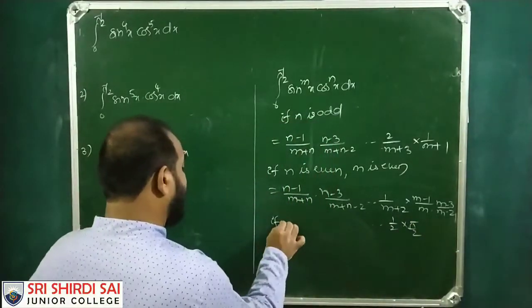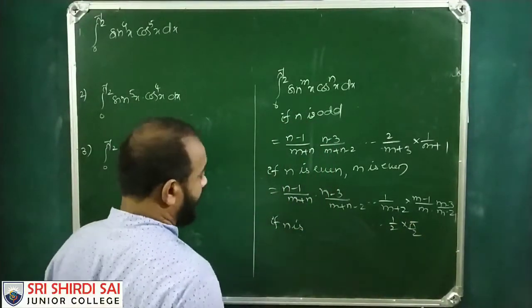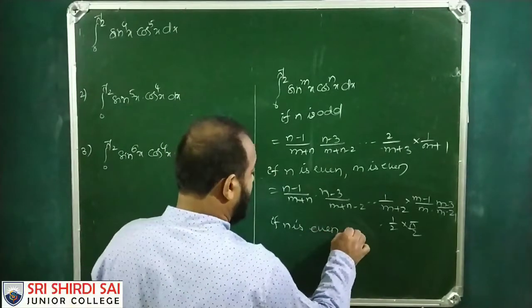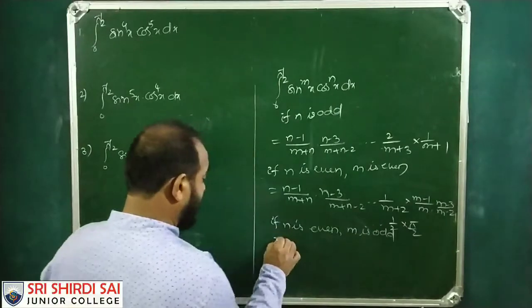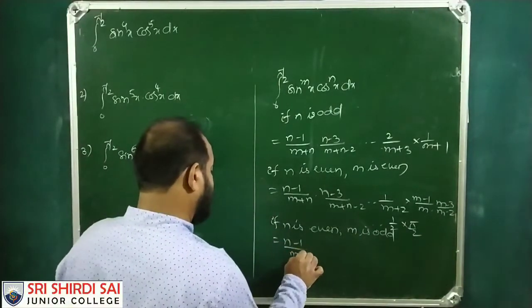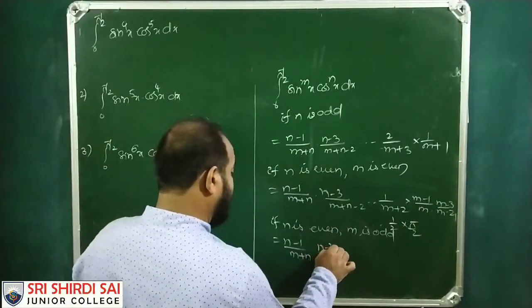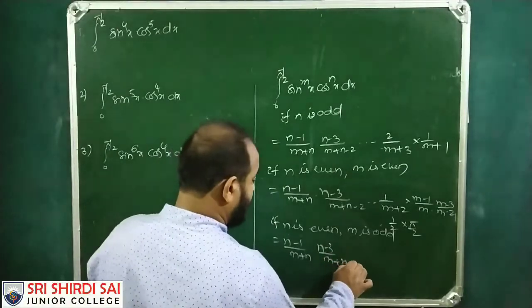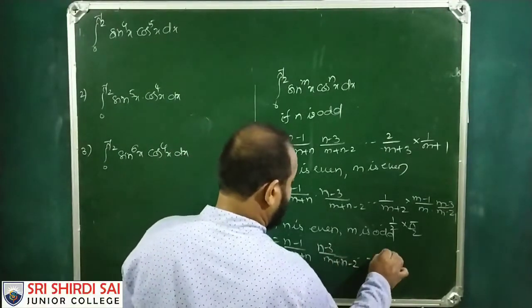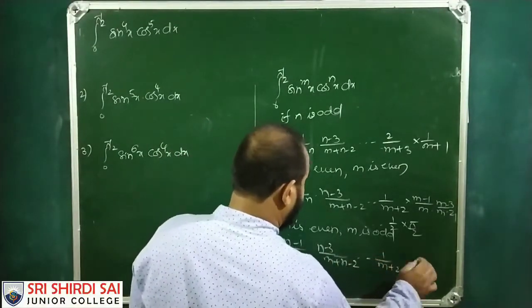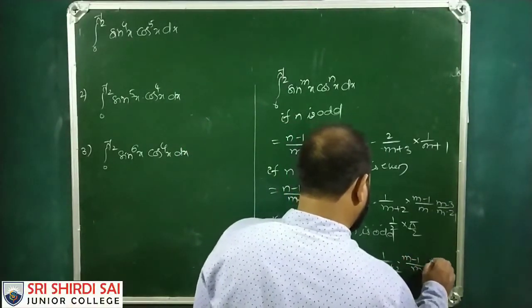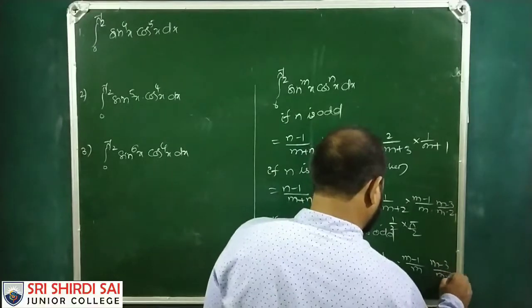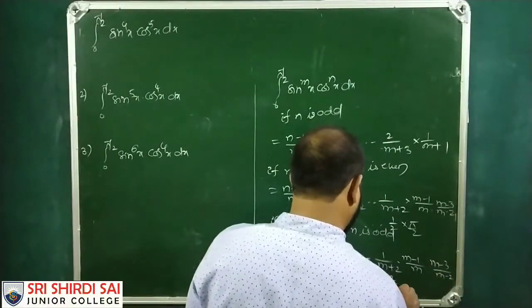If n is even, m is odd, the same thing we are getting: n minus 1 by m plus n, n minus 3 by m plus n minus 2, etc., 1 by m plus 2 into m minus 1 by m, m minus 3 by m minus 2, etc., 2 by 3 into 1.